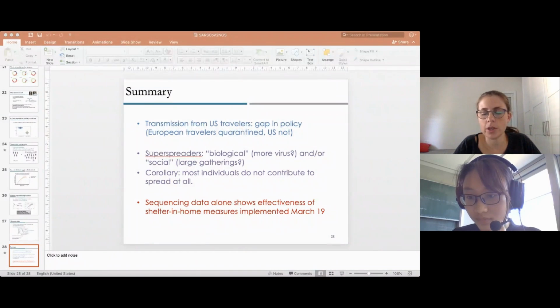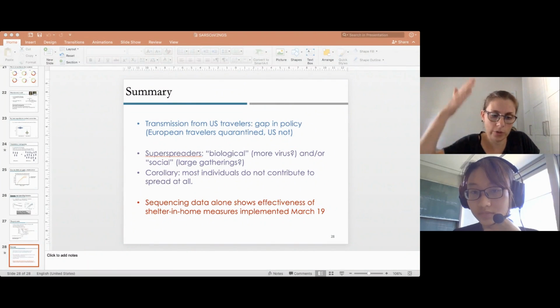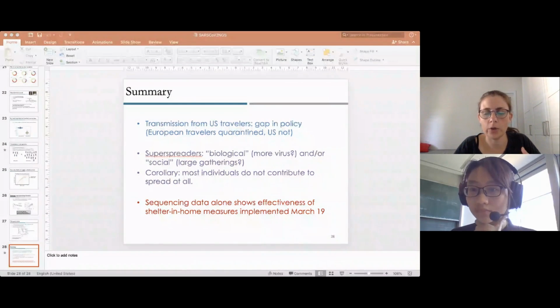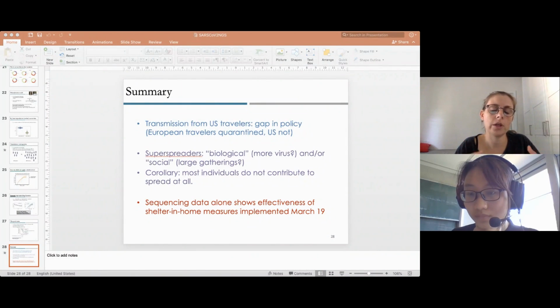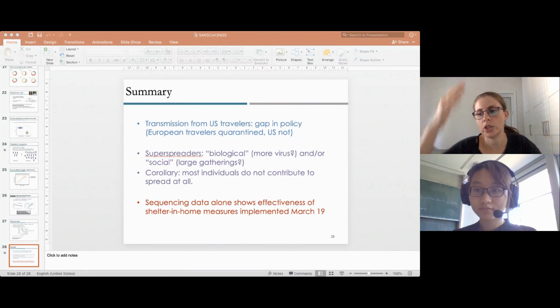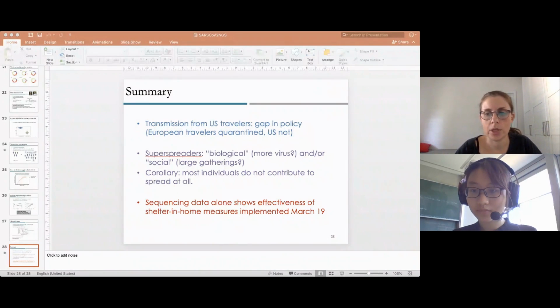It's the most important rule, just to test as much as possible. Now, clearly testing is not enough, because you have to test and then cut the transmission chain if you want to stop the transmission dynamics. So the most important thing is to break these transmission chains. We have to detect virus and then stop the transmission of the virus.